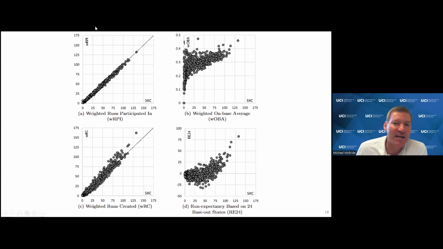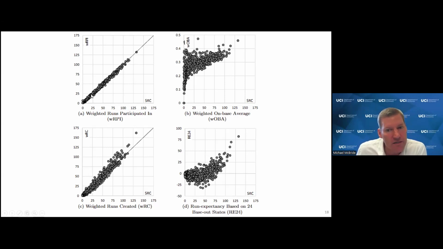There was an RPI stat, which is quite a bad stat, so no one uses it. I created a weighted version of it, and I show that the correlation with SRC is pretty tight.